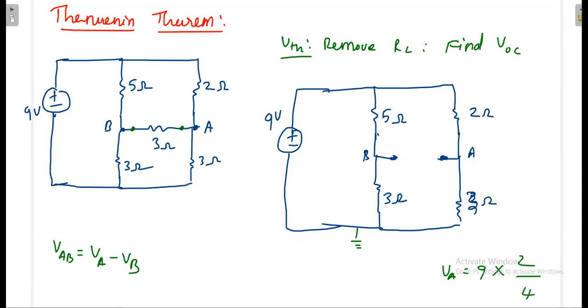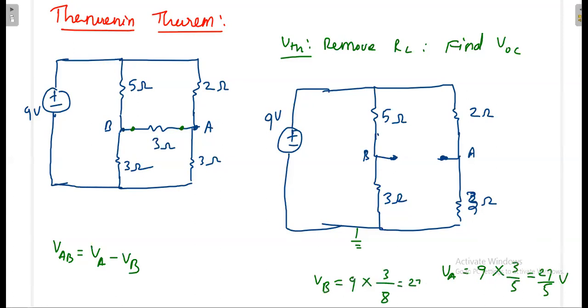So 9 into 3 divided by 5, so 27 by 5 volt. So VA is 27 by 5 volt. Then what is VB? VB is equal to total voltage 9, into 3 divided by 8, so 27 divided by 8 volt.